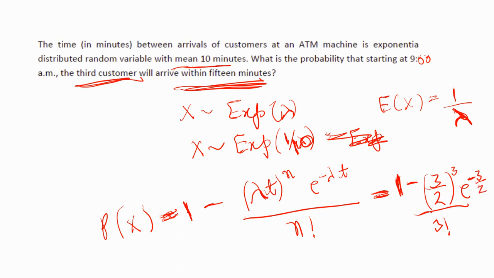Lambda t is 1 upon 10 times 15, so it will be 3 upon 2. So this will be 1 minus (3 upon 2) cubed by 3 factorial times e to the power minus 3 upon 2. This will be your answer.